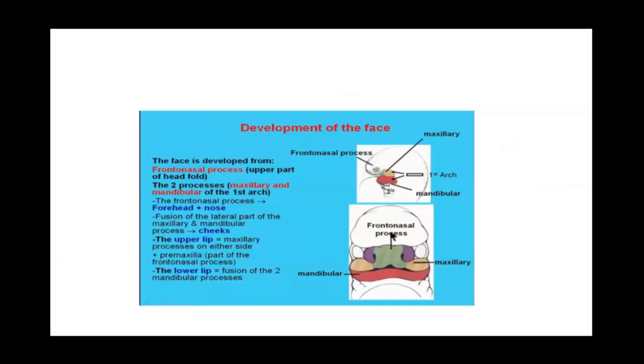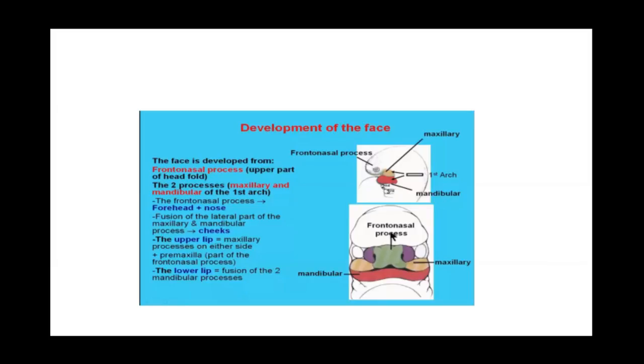The frontonasal process gives rise to the forehead and the nose. The fusion of the lateral parts of the maxillary and mandibular processes gives rise to the cheek; the majority is by the maxillary, but the lower portion is by the mandibular. The upper lip is the maxillary process on either side, plus the premaxillary part of the frontonasal processes, which is a small portion. The lower lip is the fusion of the two mandibular processes.